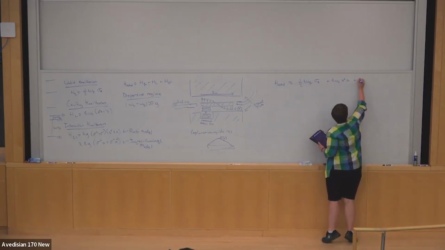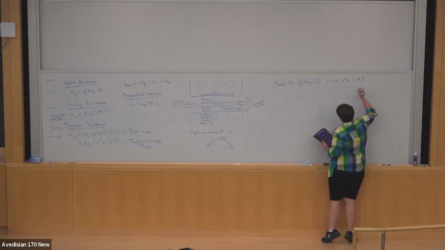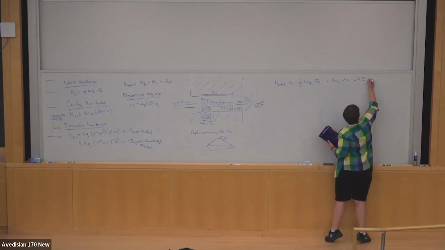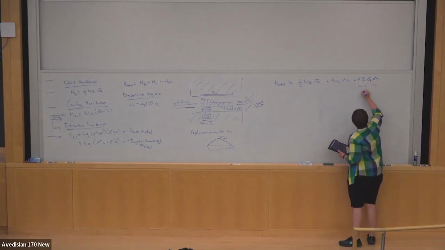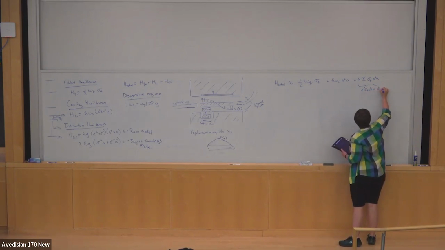And then the key term that we acquire looks like this. So H bar chi sigma Z A dagger A. And so this is the effective dispersive interaction.